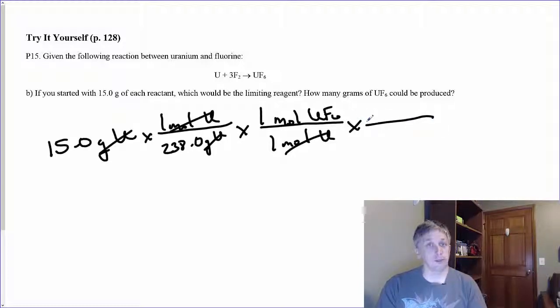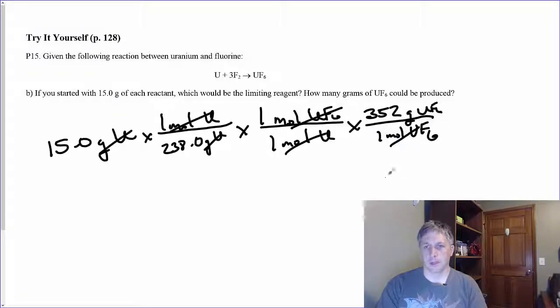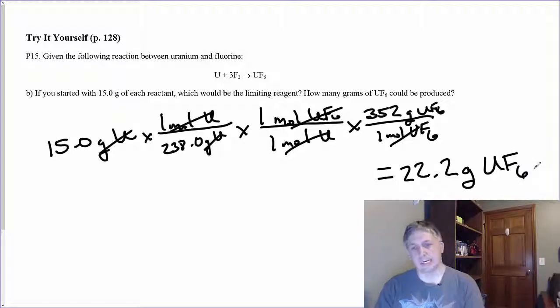And converting moles to grams, we use UF6's molar mass, which is 352 grams per mole. And that gives us an answer of 22.2 grams of uranium hexafluoride.